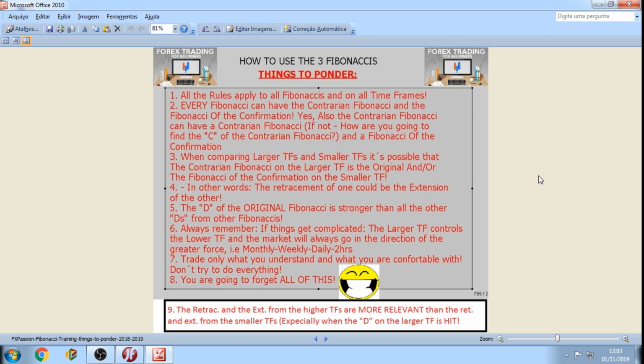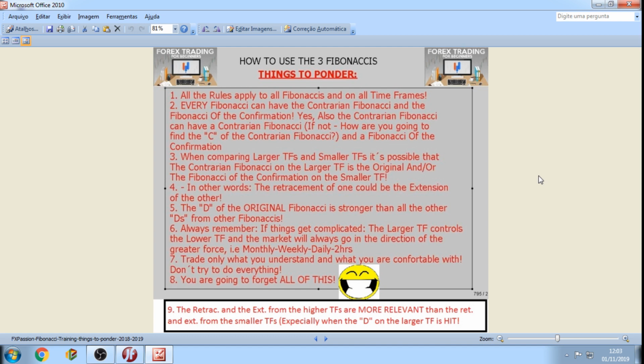And also the Fibonacci of the confirmation can have a contrarian Fibonacci and also its own Fibonacci of the confirmation. So all the rules apply to all Fibonacci's and on all time frames. And yes, also the contrarian Fibonacci can have a contrarian Fibonacci. If not, how are you going to find the C of the contrarian Fibonacci and on the Fibonacci of the confirmation?